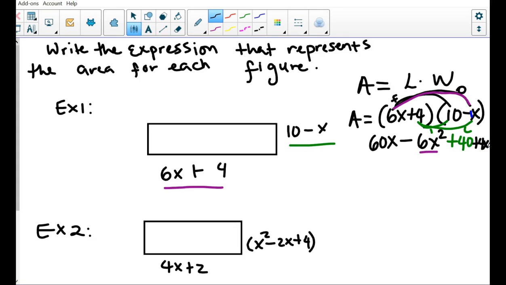So now, once you have distributed each of your terms on the left-hand side to everything on the right-hand side, you want to add your like terms. So I'm going to add 60x plus 4x, because those are my like terms. Like terms are anything with the same letter to the same exponent. So 60x and 4x, those are like terms.